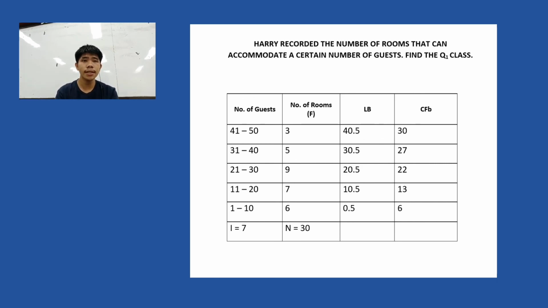Now, we will copy 6 as our first value of our CFB. To get the next value of our CFB, we will add the next frequency, which is 7. Now, 6 added by 7 is equal to 13. 13 added by 9 is 22. 22 added by 5 is 27. And 27 added by 3 is 30.